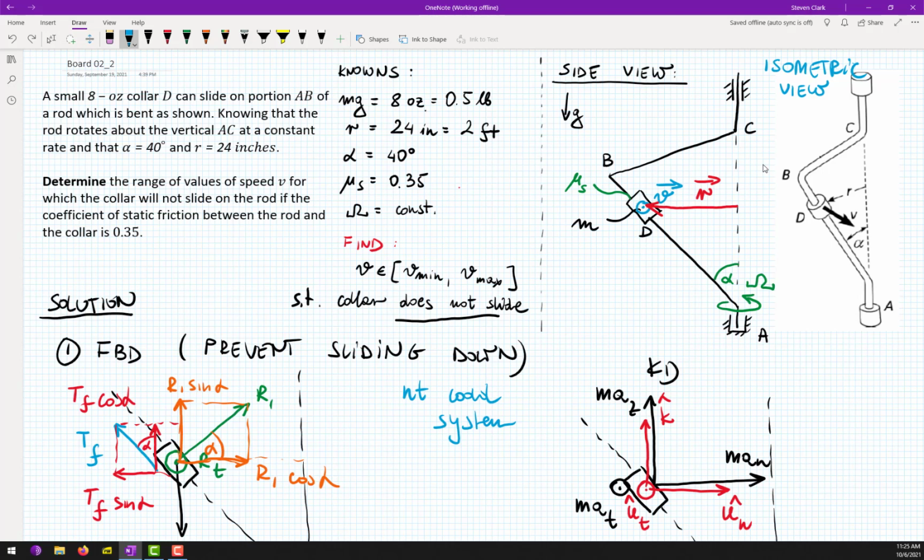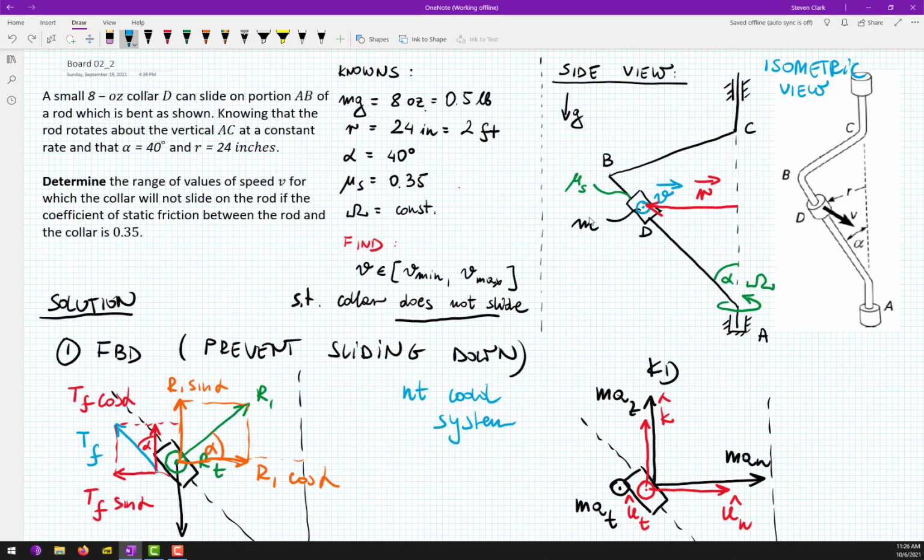So then you will increase the velocity, keep increasing, until you reach the minimal velocity where it will stop sliding down. And what will happen if your velocity is very large? It will start moving upwards, exactly, because of the centrifugal force. So in order to prevent sliding down, we can deduce that it has to be V min. Now V max, we're going to find V max. Okay, any other question? Thank you for that question. It was a good question.